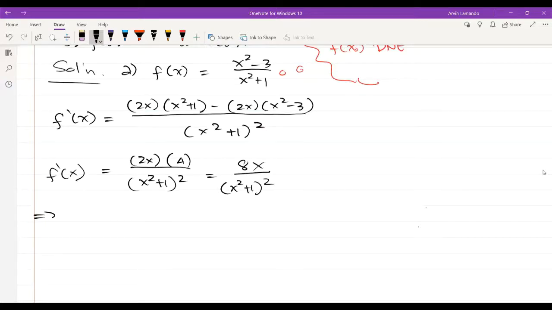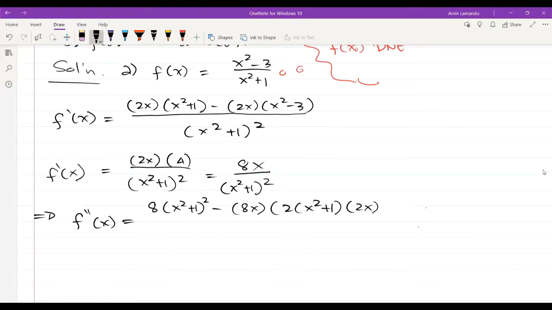So the second derivative of f is given by, again, another implementation of the quotient rule, which gives us 8 times x squared plus 1 squared minus 8x times 2 times x squared plus 1 times 2x, all over the cube of x squared plus 1.